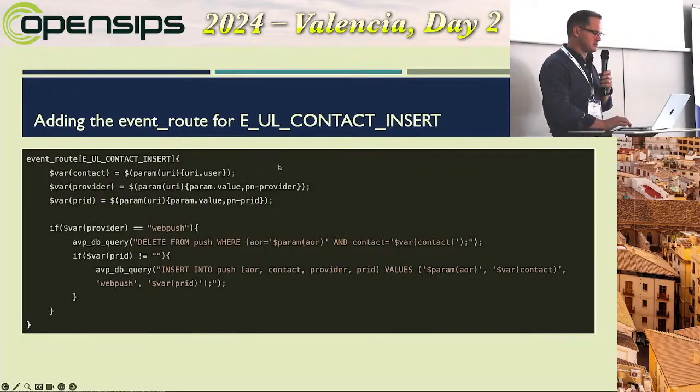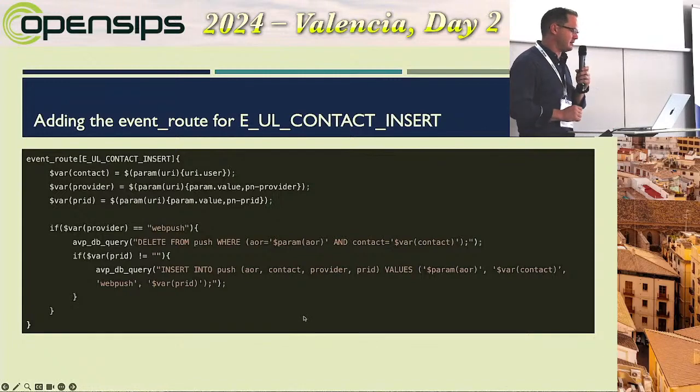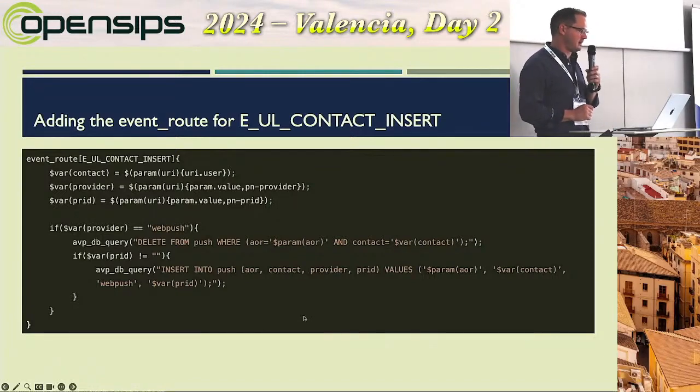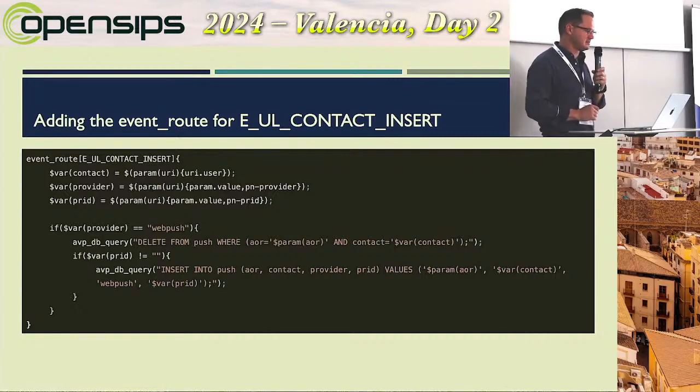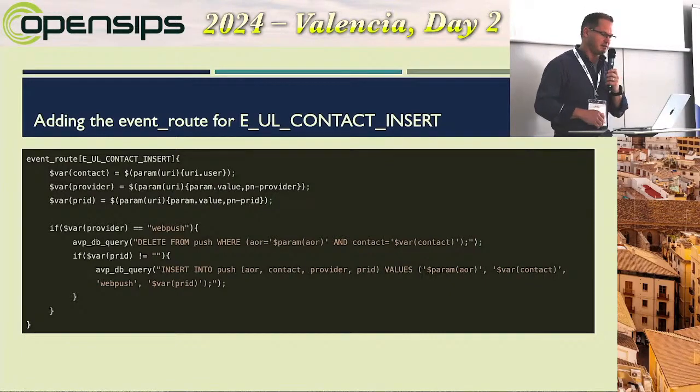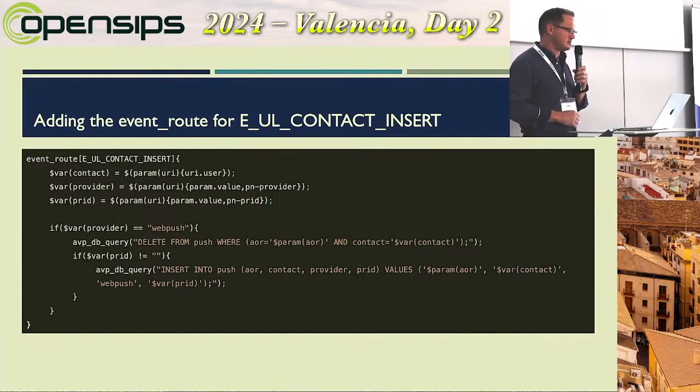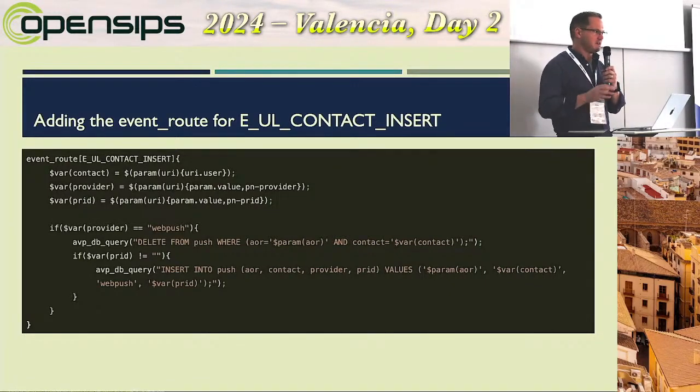Here I pick out essentially the URI, which has got the user information for the contact. I then take out the PN provider, I take out the PN PRID, and I use that to insert a row into the database.